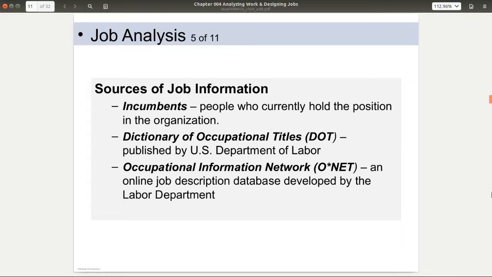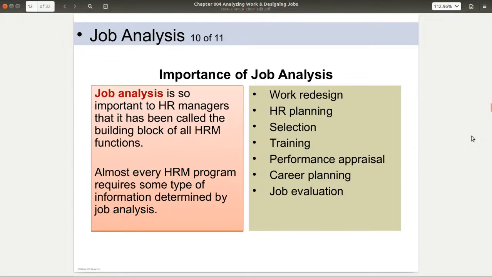Where you get that information typically, normally, is coming from the people who are actually in those jobs and the current managers. There are some other outside things that you can use. In other words, that dictionary of occupational titles and then the Occupational Information Network. Most people will utilize the folks who are within the organization. Who is it that's actually doing the job, and what is it that those managers are requiring?